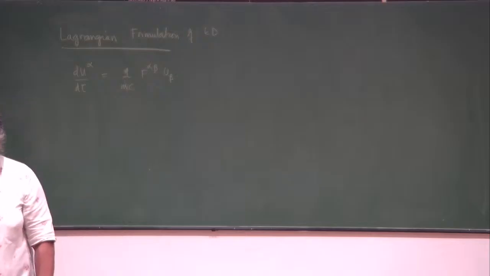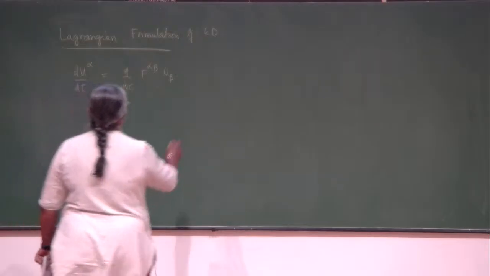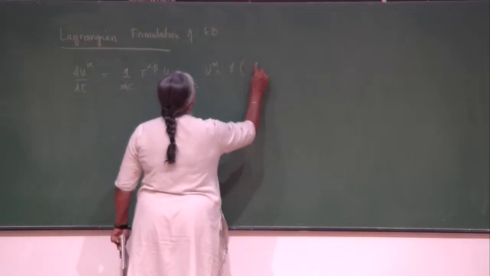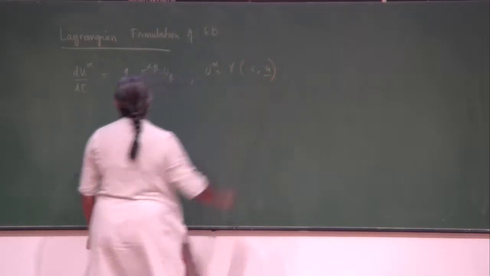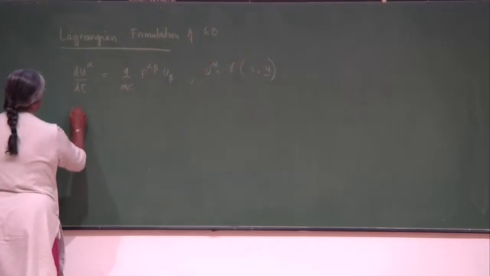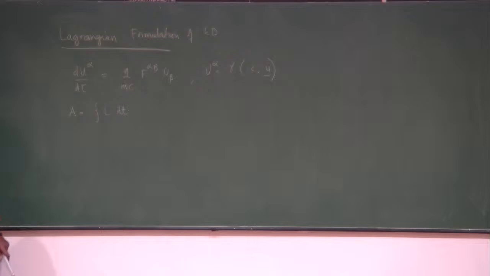So I have taken the p and called it m times capital U. You remember what capital U was? Very nice, gamma times c and u, right? So I want a Lagrangian whose Euler-Lagrange equation of motion is this. First thing you have to notice is, what is the property of the action under Lorentz transformation?